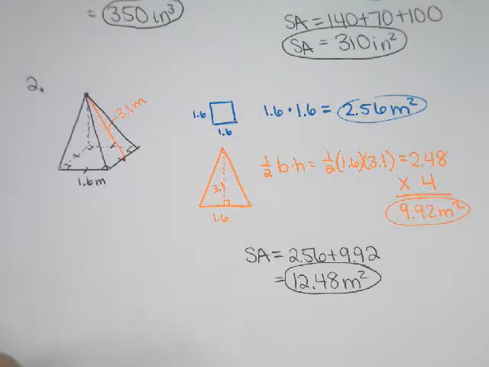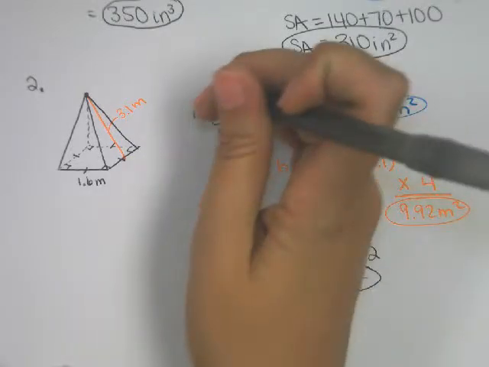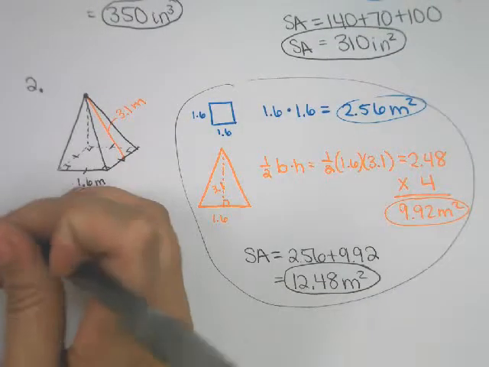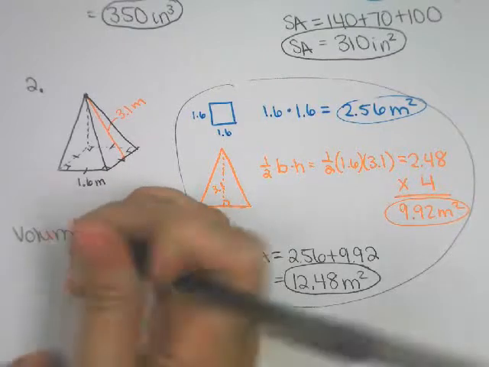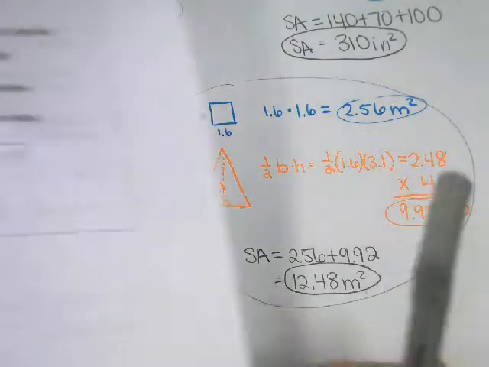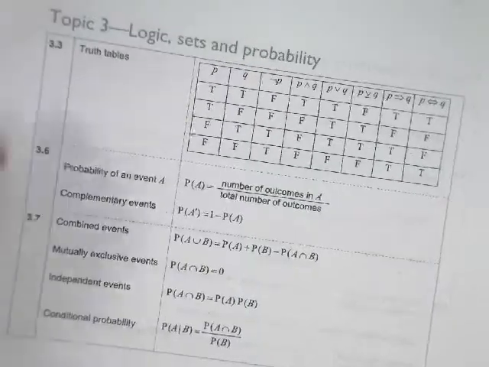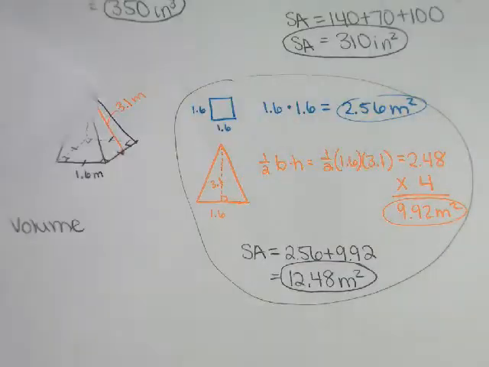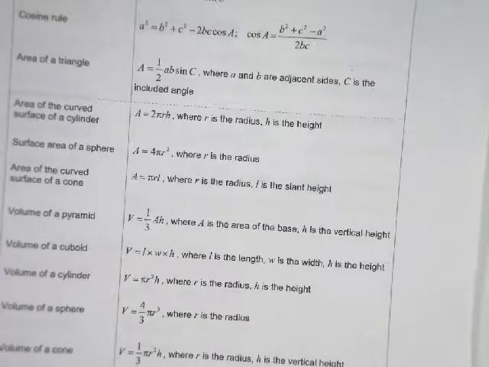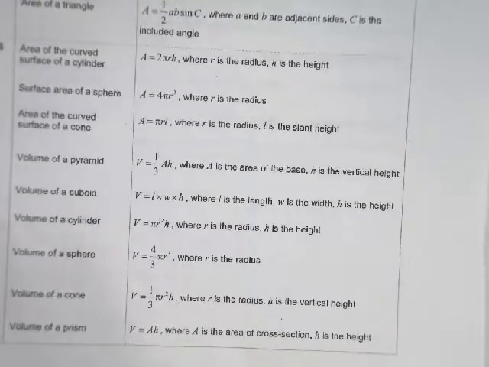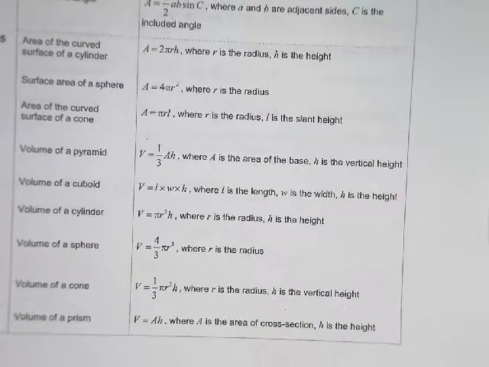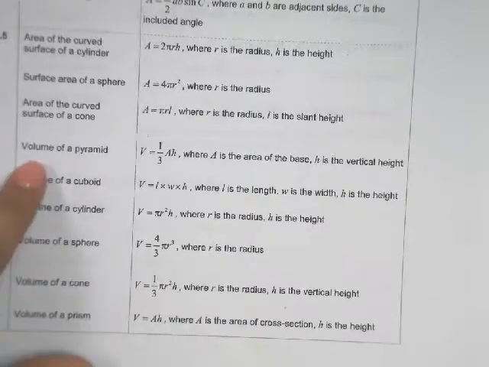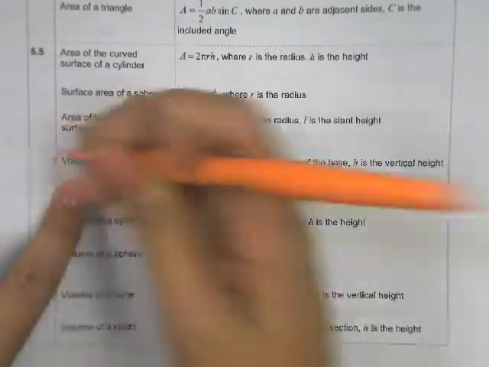All right. So volume for this. So this is surface area done. Our volume formula is provided inside of our booklet. So I told you this booklet would be useful. So topic 5 is your geometry topic. And volume of a pyramid.